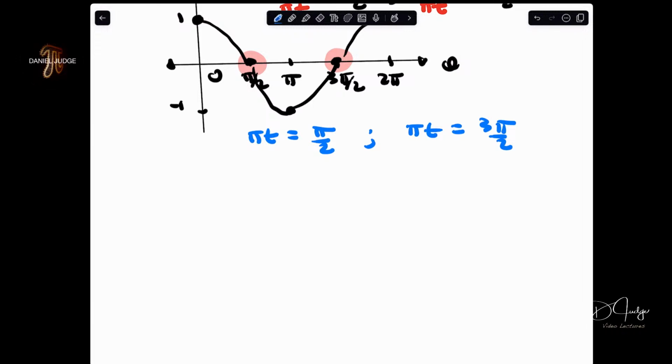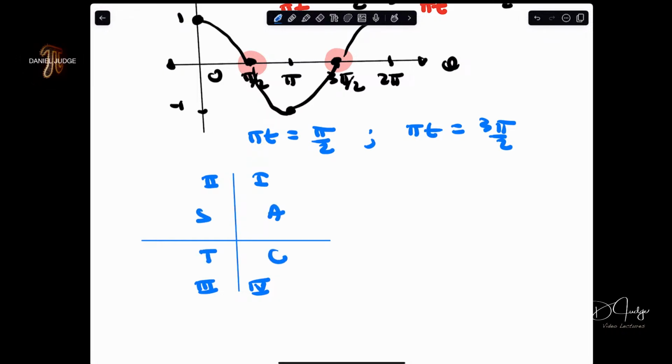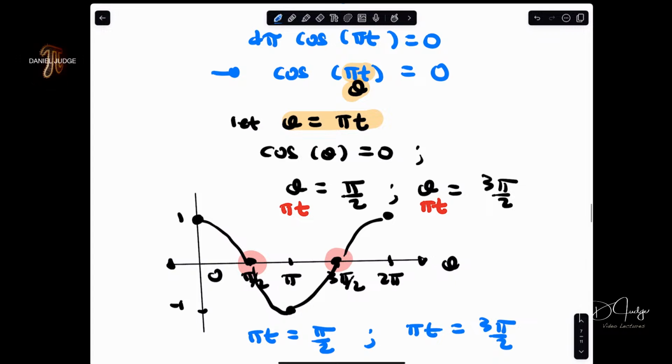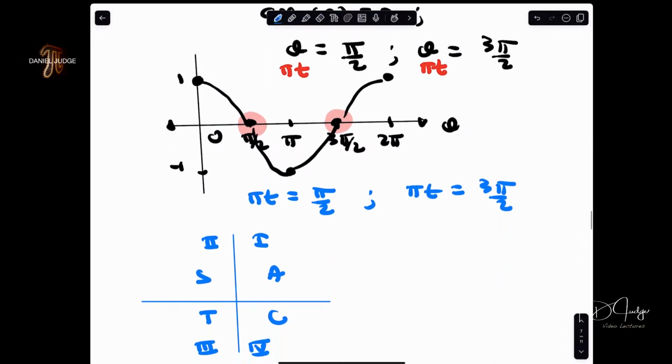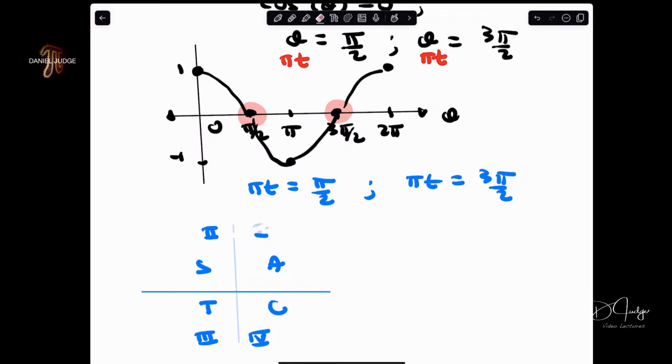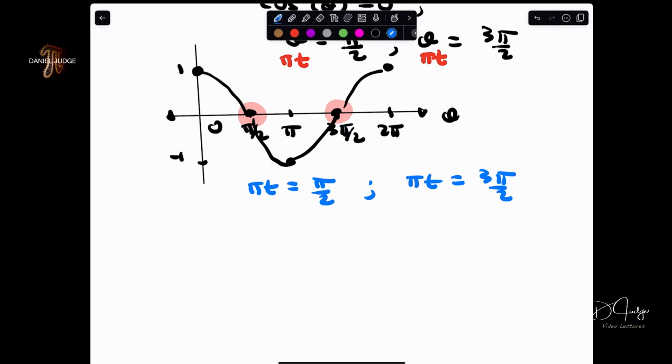Let's see what t is. If we solve for t, t will be 1/2, or t will be 3/2.